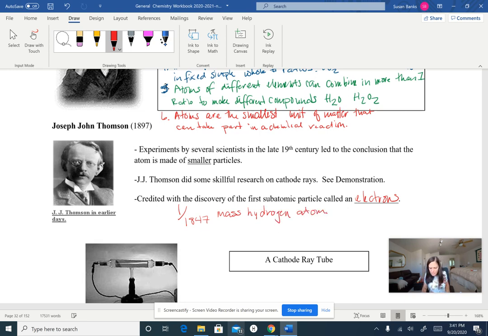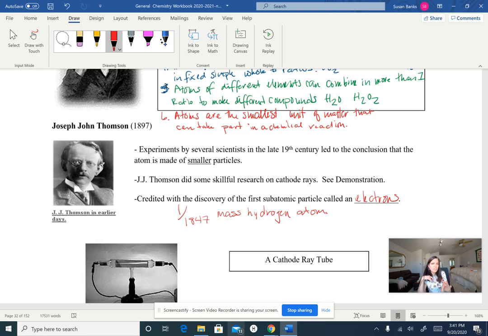So very, very small, much smaller than a hydrogen atom. Now remember, we thought up until this point that hydrogen was the smallest thing that we had. They just found a charged particle that was charged negatively and smaller than hydrogen.